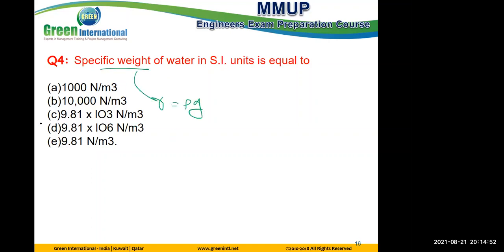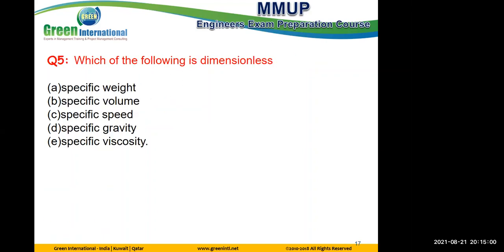So 10,000. 0.8 multiplied by rho. Which of the following is dimensionless? Specific viscosity, D or E? D, specific gravity. Yeah.